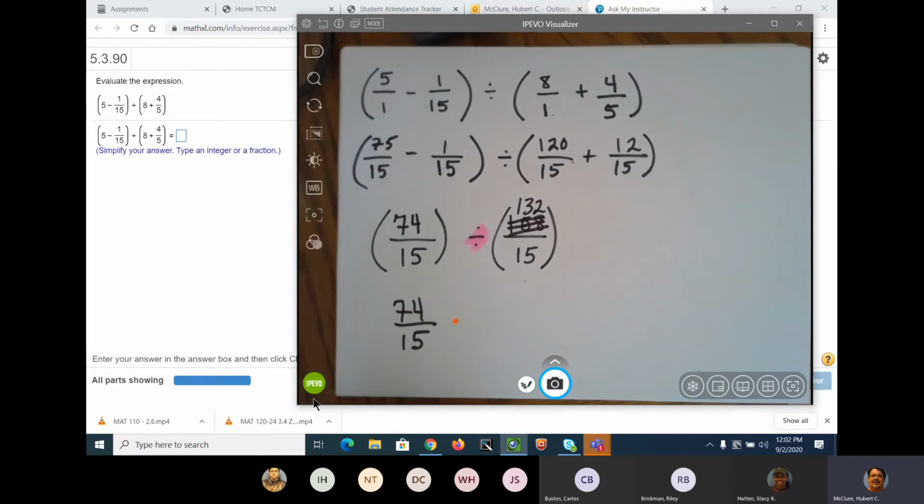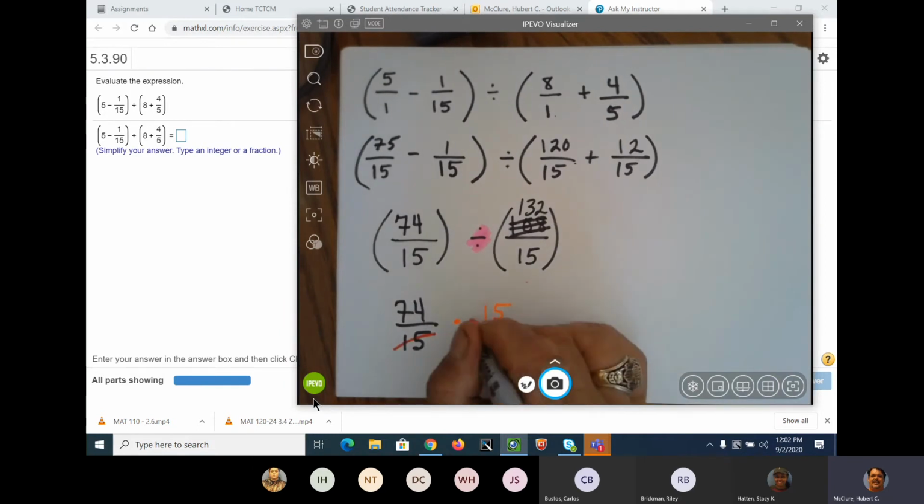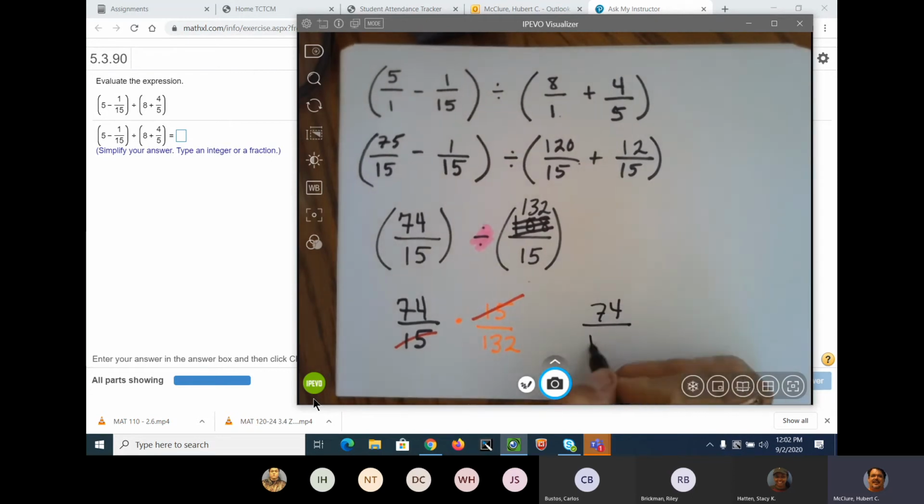So that'd be 15 over 132. And what happens to the 15s? They go out. And you're left with 74 over 132. And I think that's reducible.